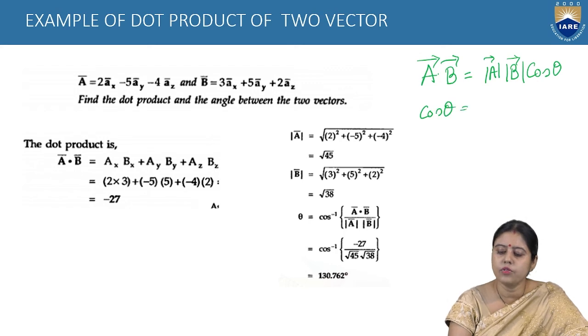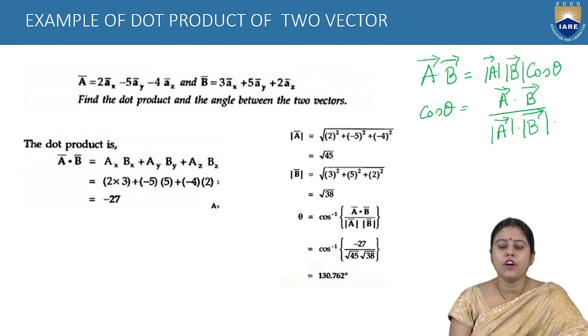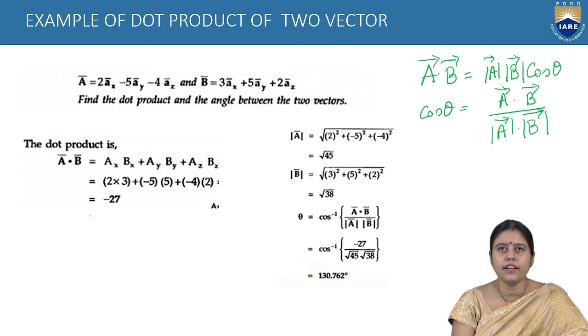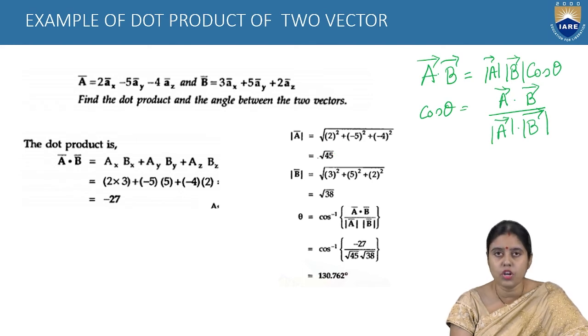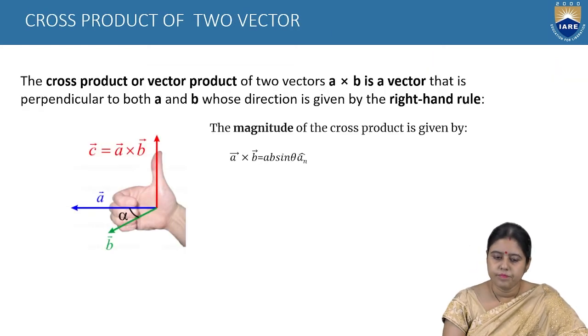Cos theta is equal to A dot B by mod of A mod of B. The A dot B value we have calculated already, and it is minus 27. We have already calculated mod A, which is root of 45, and mod B, root of 38. So if we put in the values, we will get the cos theta value. So this is the example.